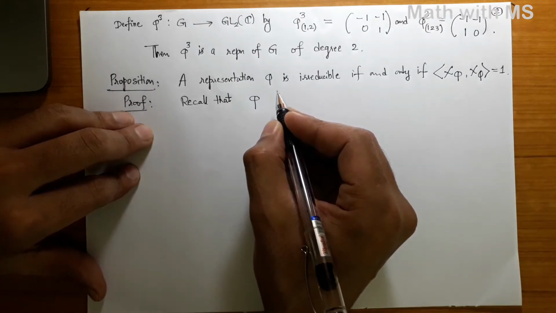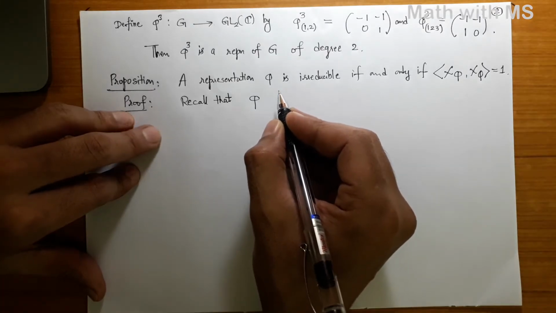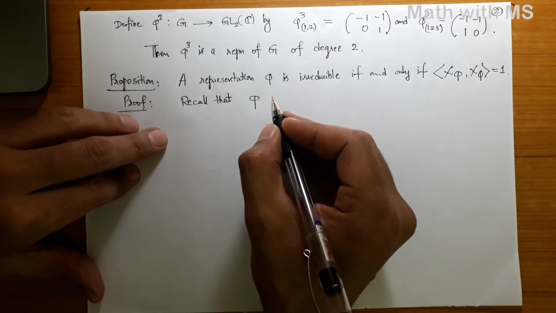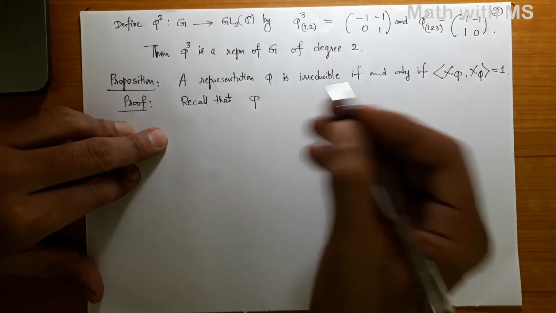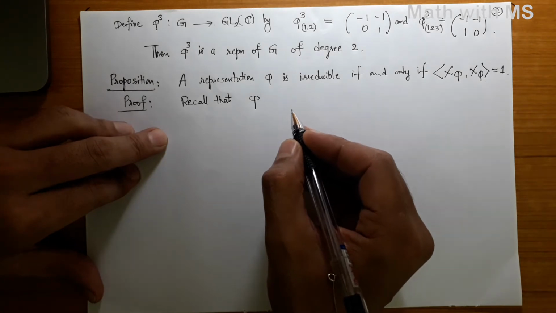By Maschke's theorem, every representation is equivalent to a direct sum of finitely many irreducible representations with some multiplicity for each irreducible constituent.